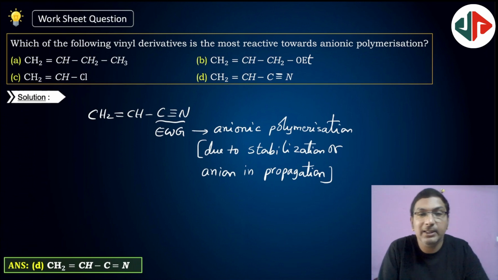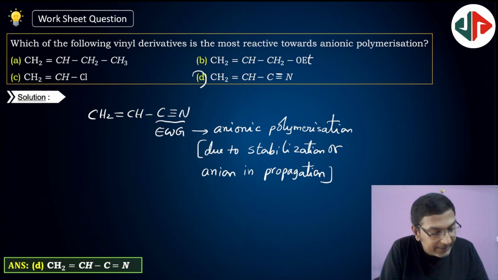So electron withdrawing groups can favor anionic polymerization. Therefore option D, which is vinyl cyanide.